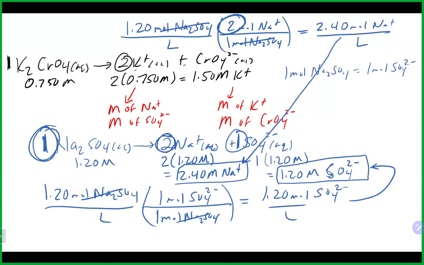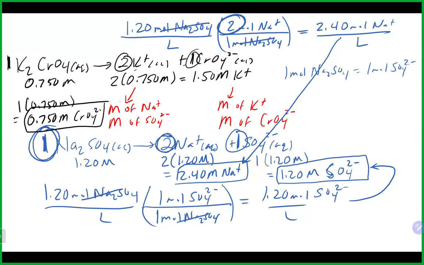And it is a 1 to 1 relationship between the whole thing and chromate, which means we're basically just going to multiply the whole thing by 1. That gives us 0.75 molar for our chromate in this case.